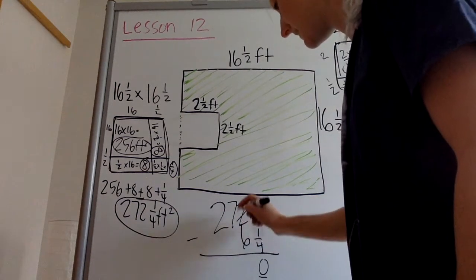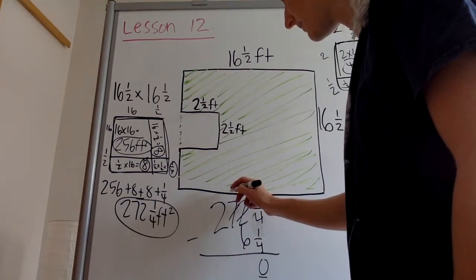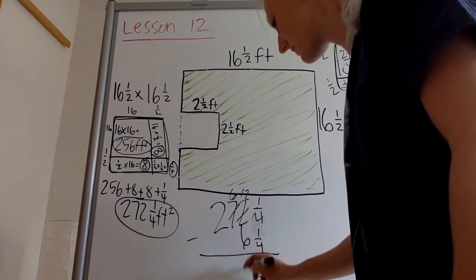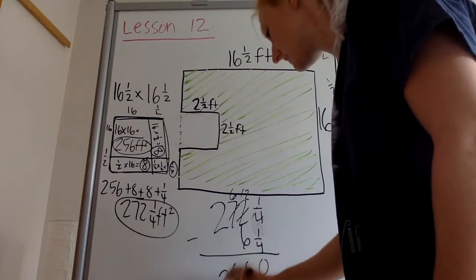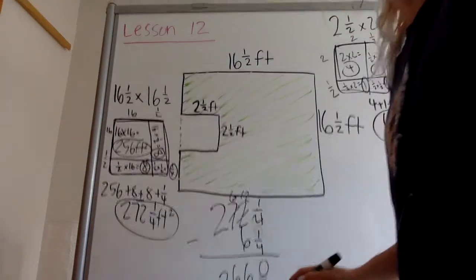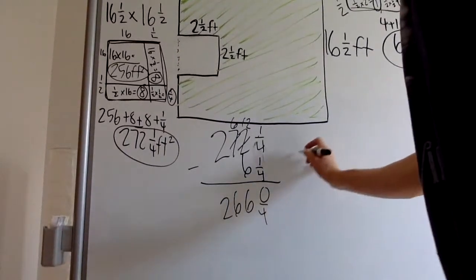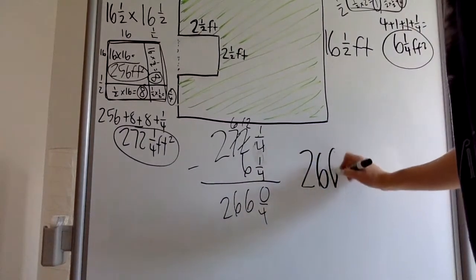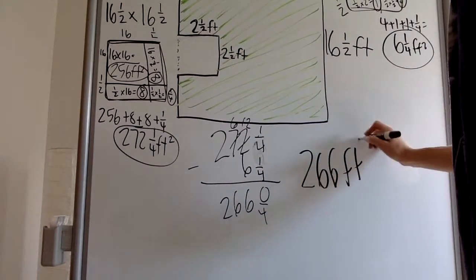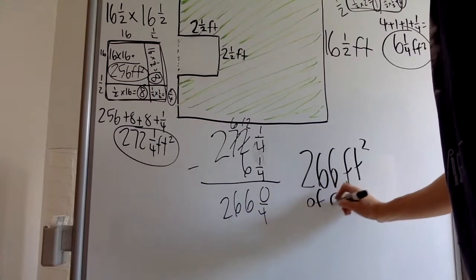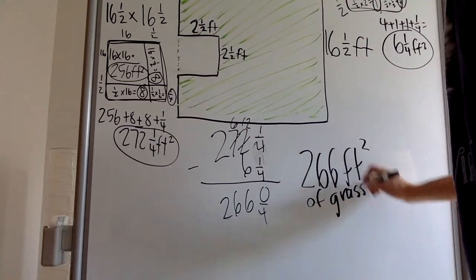I can't do 2 minus 6, so I'm going to borrow, make this a 6, make this a 12. 266 and 0/4. So really, I'm just going to turn that into 266 feet squared of grass. And that would be my final answer.